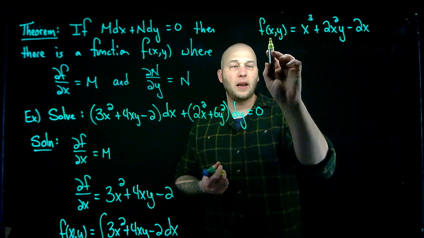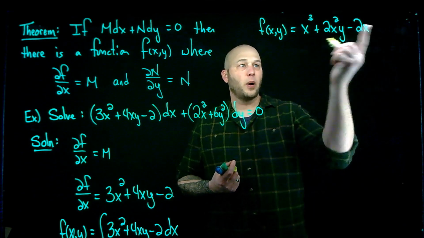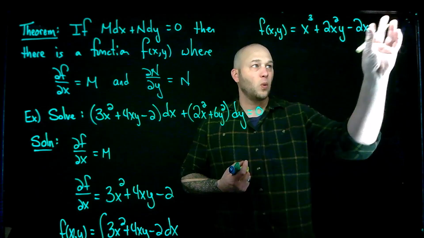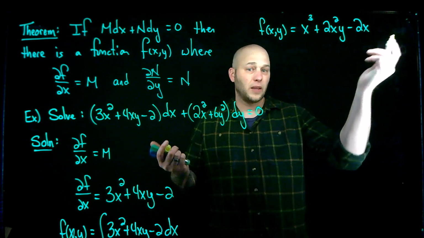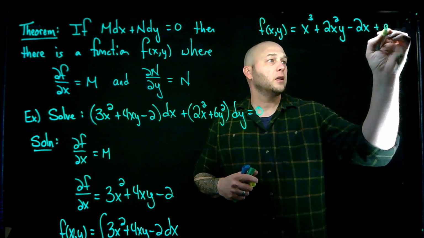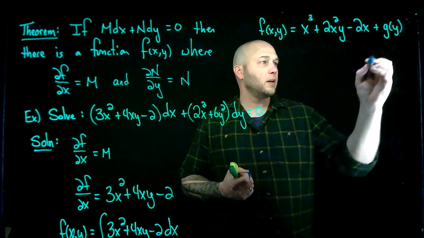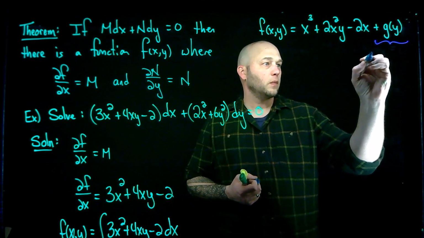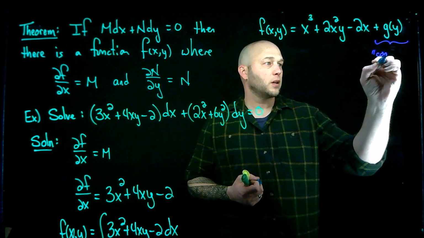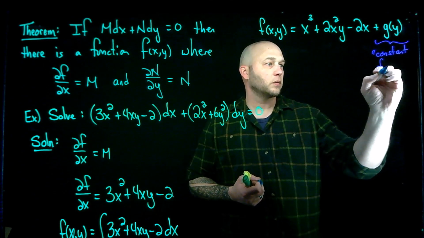Keeping in mind that f could depend on both x and y, and then when I take the partial derivative with respect to x, whatever this is goes away. Well, that sounds like it's a function of y. So that means I'm going to tack on g of y, and this g of y, again, is your constant of integration.